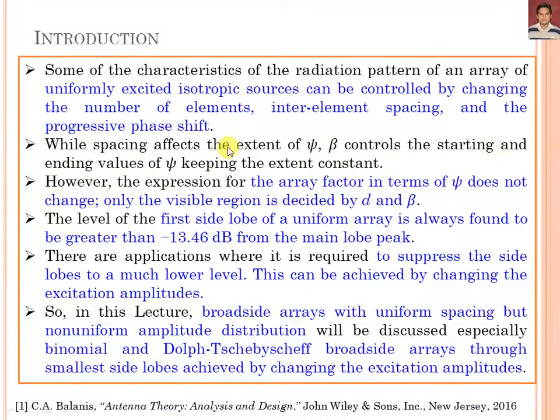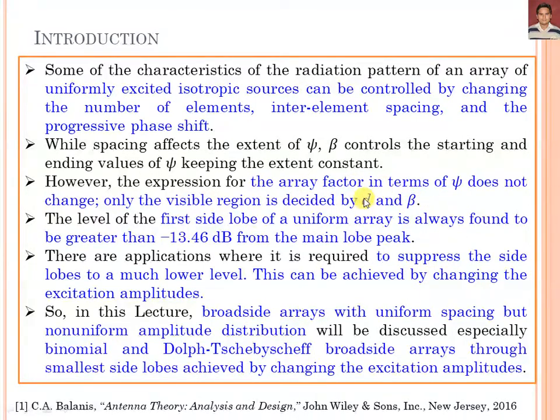While spacing d and beta control the starting and end values of psi, keeping the extent constant, the excitation for the array factor in terms of psi does not change. Only the visible region is decided by d and beta.